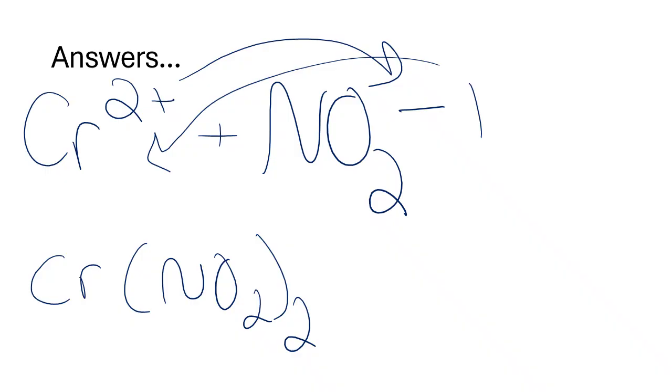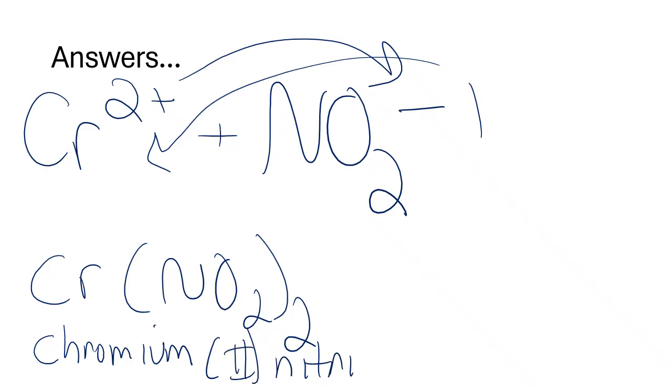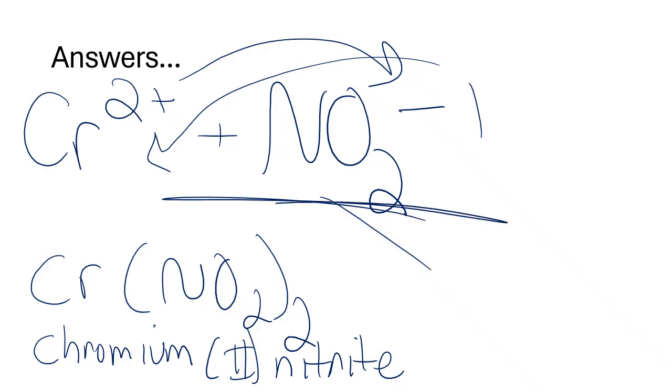Chromium is not in +1 or +2. It's not an alkali or alkaline earth metal, or aluminum. So you're going to need a Roman numeral to indicate the charge. NO2- is nitrite, so this ends up being chromium(II) nitrite.